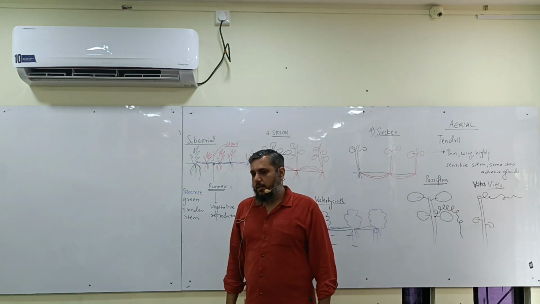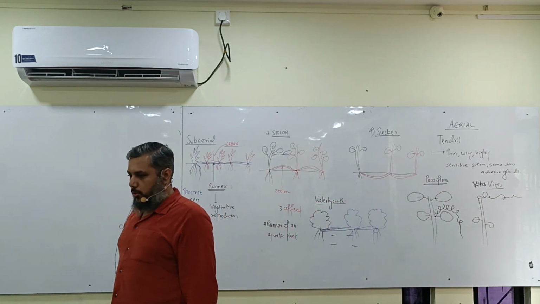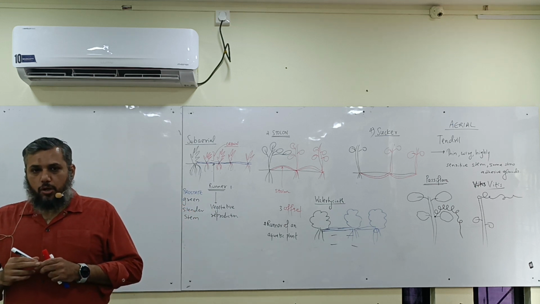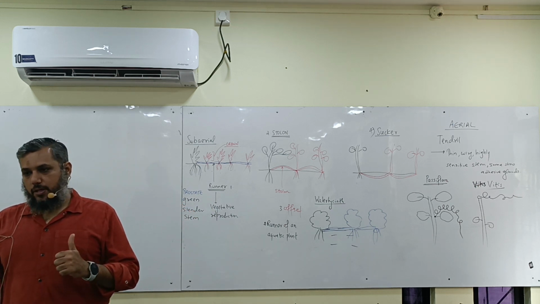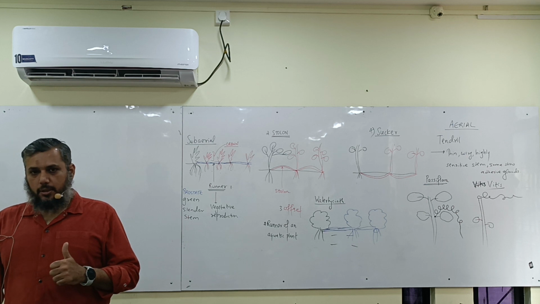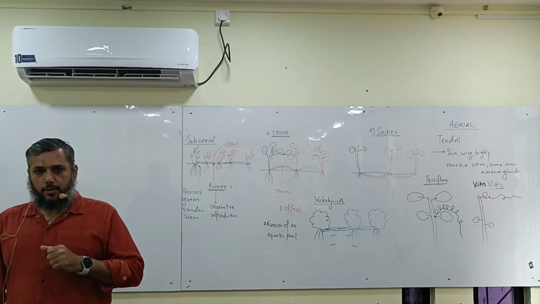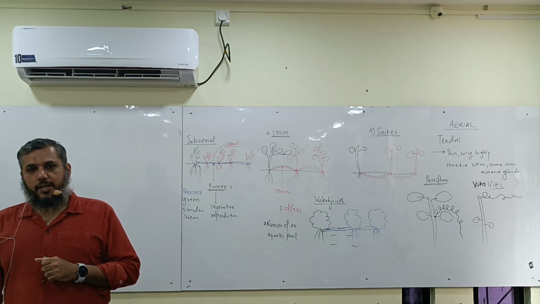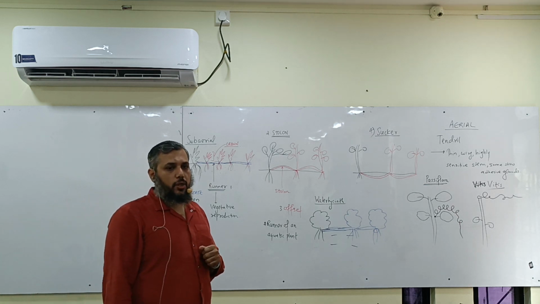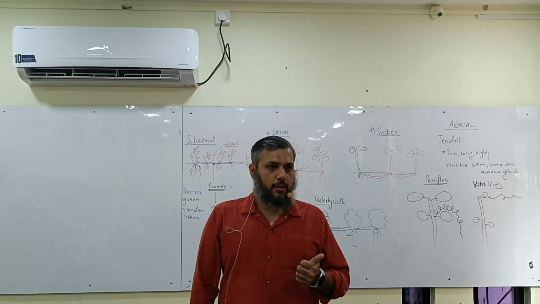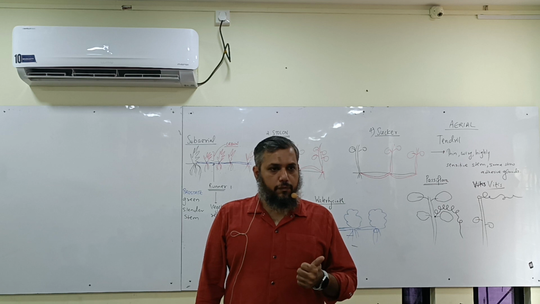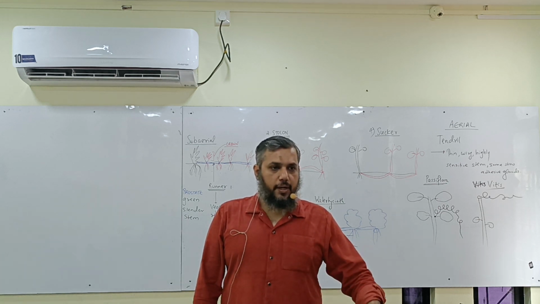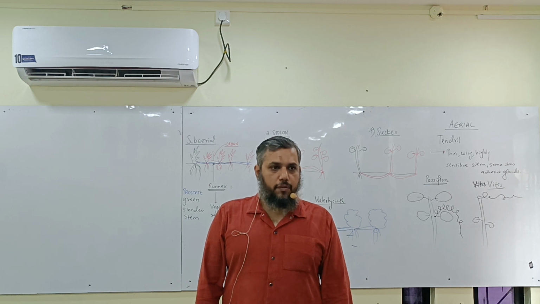Is this modification clear with everyone? Yes or no? Yes. So this aerial modification, if I want to classify it, okay, Shriyandini, what should I classify it as? For storage of food, pollination, vegetative propagation, what should I classify a tendril as? A modification for what?